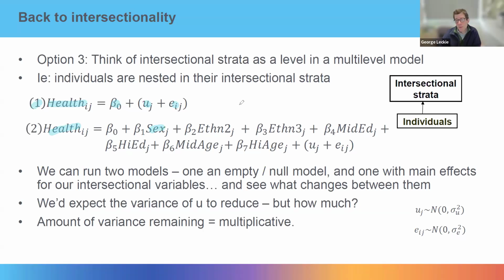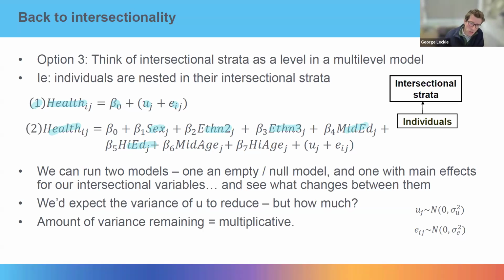We've got 3 ethnic groups, for example, and so we put in 2 dummies to contrast, let's say, Black individuals to the reference category white, and Asian individuals contrasted to the reference category white. And then we have education levels. Here you can see mid-ed and high-ed have gone in, so obviously low-ed has been left out. So we've got 3 education levels, and there'll be an education gradient in health, which will be captured by those betas, just like in linear regression.